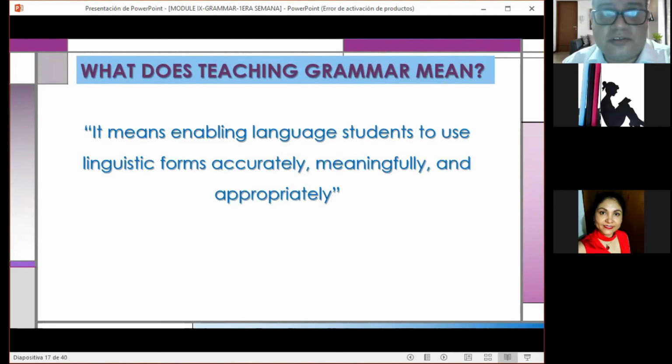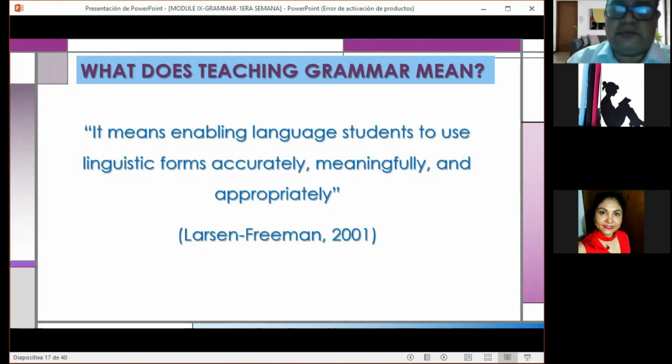This is involved in the process of teaching grammar. So, to enable our students to use these linguistic forms accurately, meaningfully, and appropriately. This is the purpose of teaching grammar. And again, it was said by Larsen-Freeman in 2001.